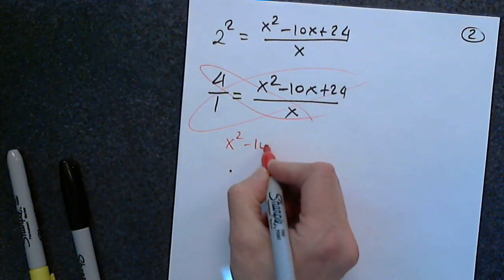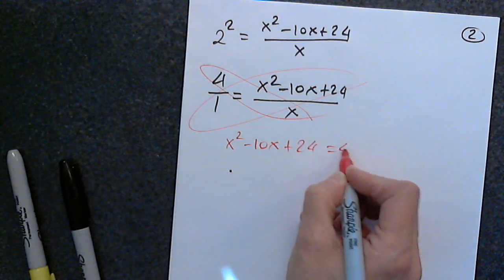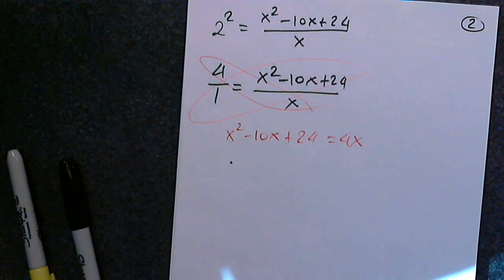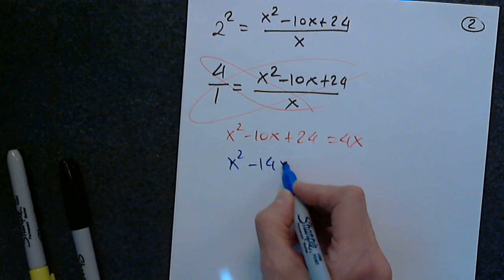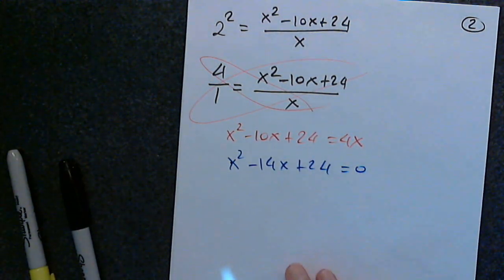So x squared minus 10x plus 24 equals 4x. Now, what type of equation is this? So I know how to proceed. It is quadratic, so what do I have to do then? Correct, very nice. So x squared minus 14x plus 24 equals 0.